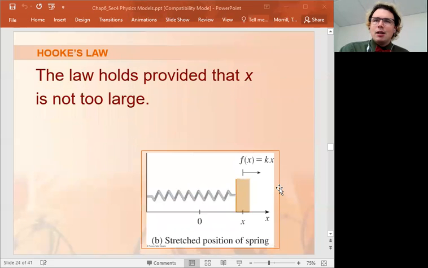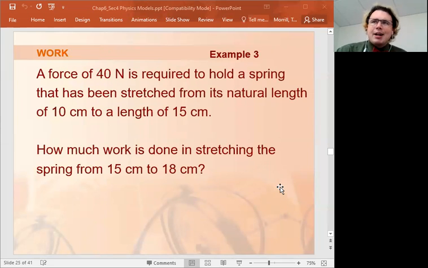So let's actually use this and set up a pretty common work calculation, work in the technical sense for physics. Let's say that we have a spring and it will require a force of 40 newtons to hold it in a position.